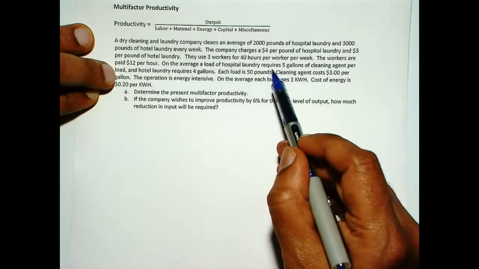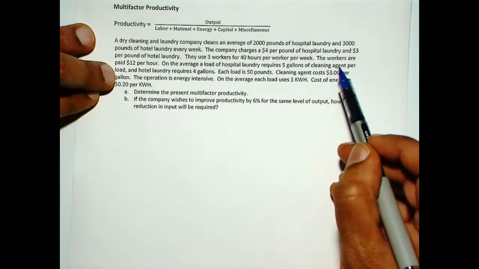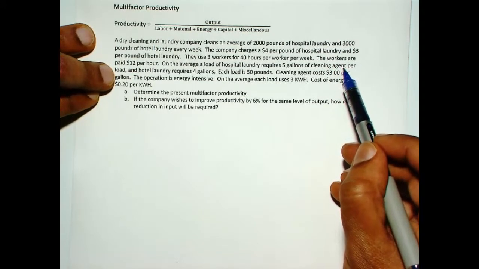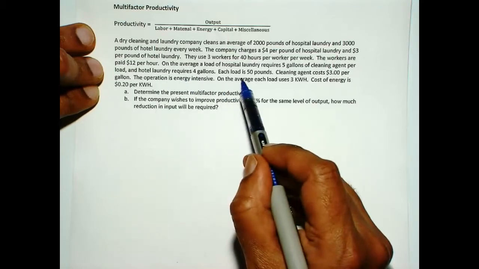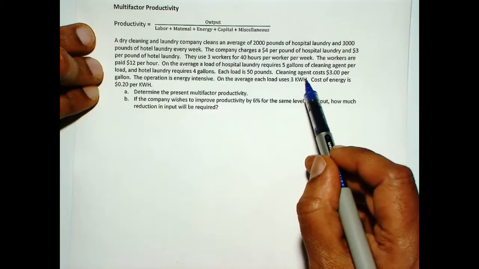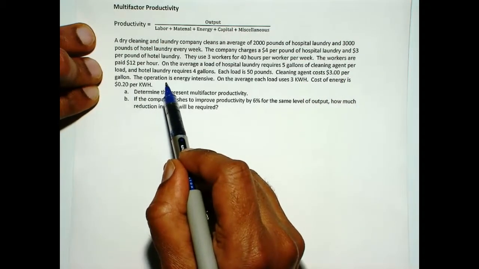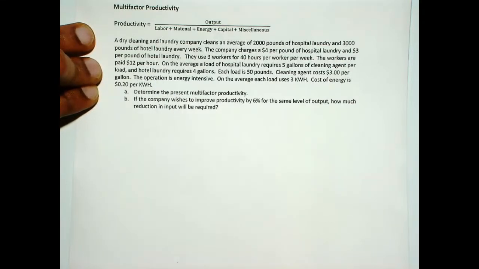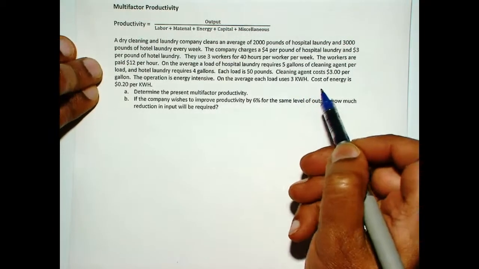So cleaning agent is a second input, and then 4 gallons for hotel, and each load is 50 pounds. Cleaning agent costs $3, and then there is a third input, which is energy. On the average, each load uses 3 kilowatt hour. So now we want to determine the present multi-factor productivity.